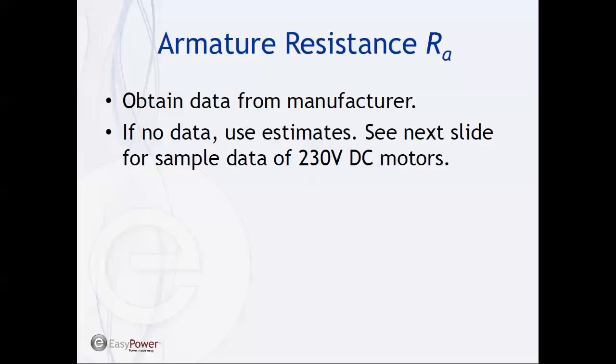For armature resistance, the best information is obtained from the motor manufacturer. If you do not have data and you're looking at old motors with very little nameplate information, you could probably use some estimates. And in the next few slides, we'll be seeing some sample data of DC motors at 230 volt.